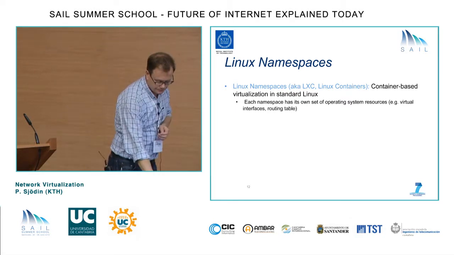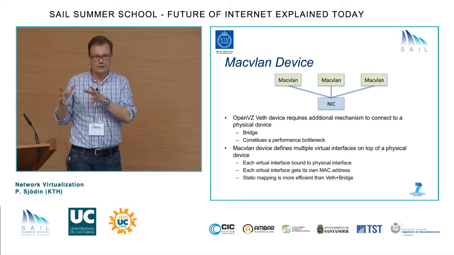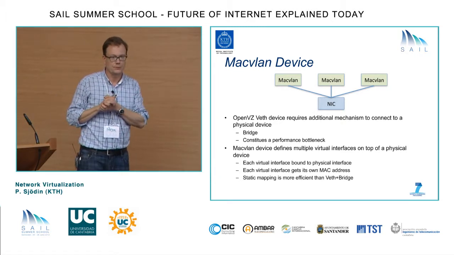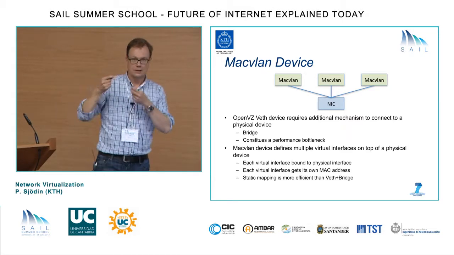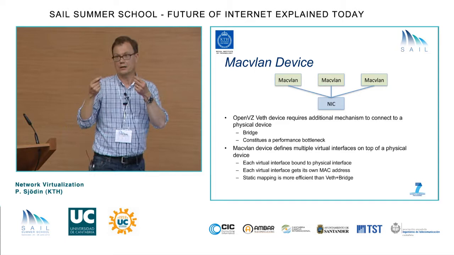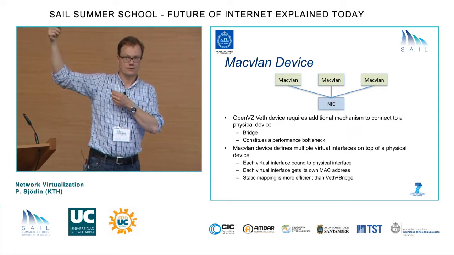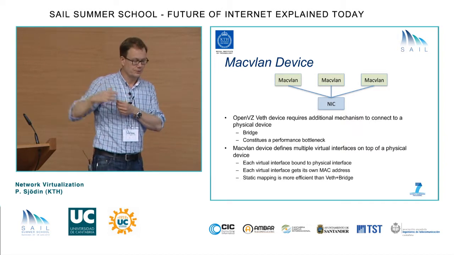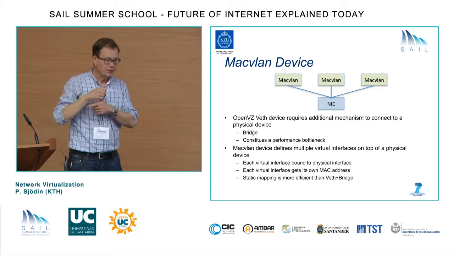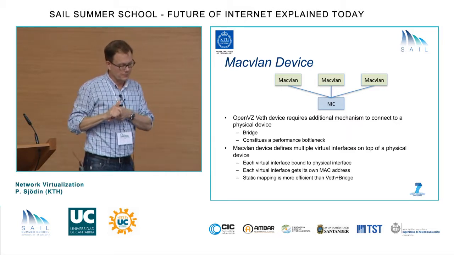So the first step would be to get rid of that functionality and do something which just does a straight mapping: take the incoming packet, look at the MAC address, and say that this particular MAC address belongs to this virtual interface, and then send it there directly, without doing the Ethernet bridging processing, without the learning and flooding and all this overhead. So that could be the first step.